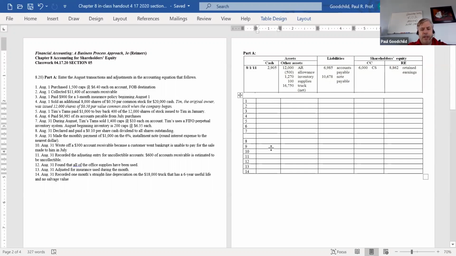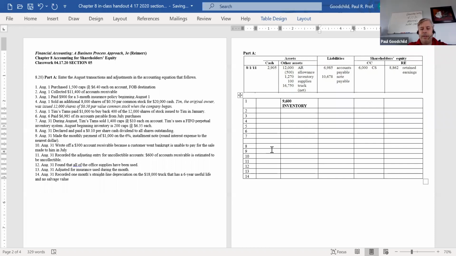And we end up with 9,600 inventory and 9,600 accounts payable.